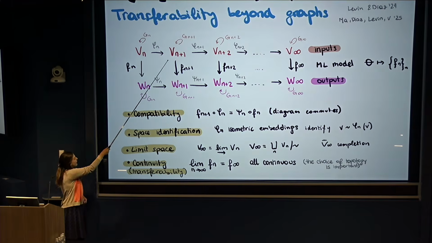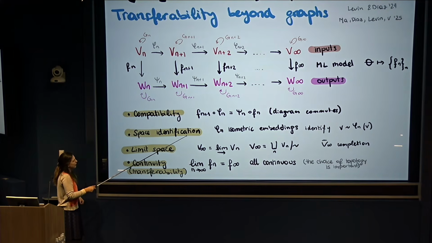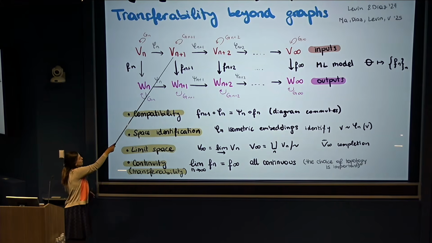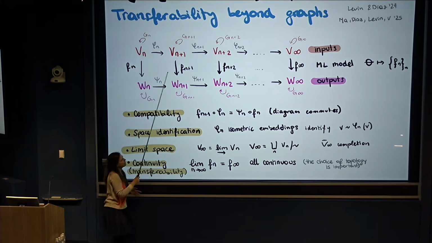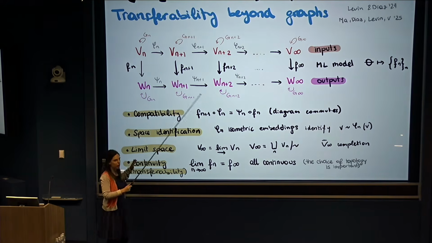So applying the embedding and then applying the model is the same as applying the model and then applying the embedding in the output space. That's the compatibility condition. Then there is a space identification assumption, which is that these phi n's are isometric embeddings that allow you to identify objects of size n inside objects of size n plus 1. This doesn't need to be a linear order. It could be something more complicated, but just for simplicity.